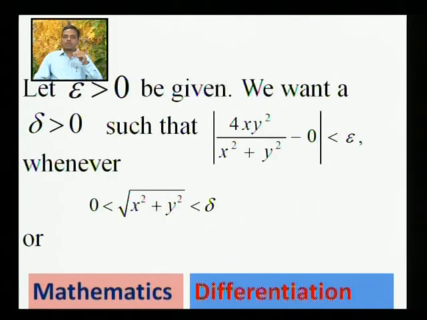Now let us calculate what the value should be. How to calculate? You can recall the definition of limit of f(x, y) equal to L. For any epsilon there exists some delta. So let us start with epsilon positive.